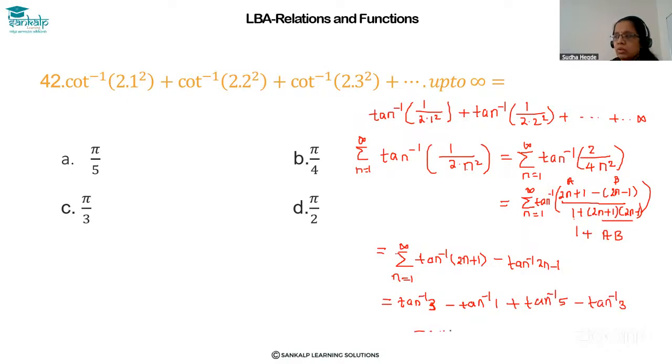So on, the last term is tan inverse (2n plus 1) minus tan inverse (2n minus 1).